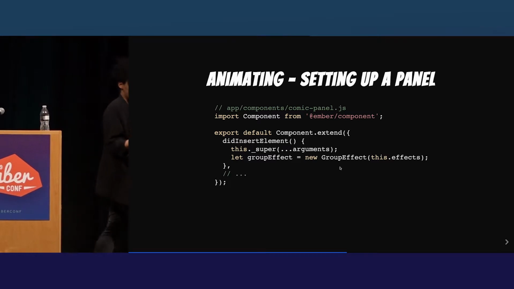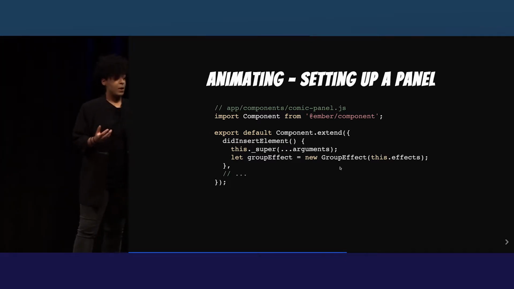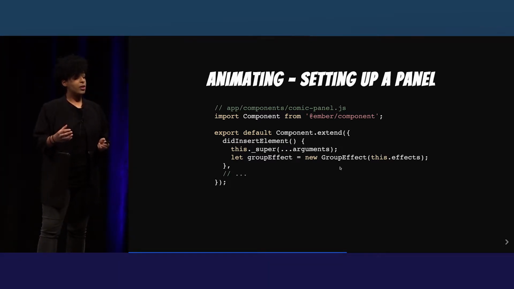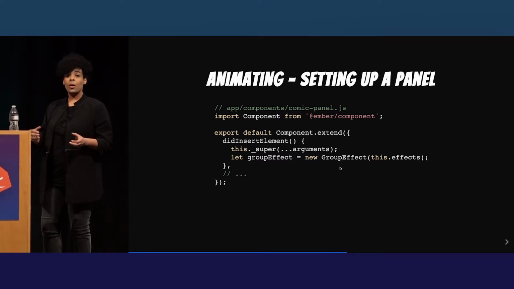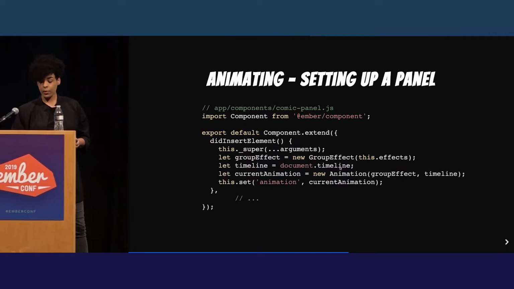Using the group effect functionality of the Web Animations API, I can make sure that all these keyframe effects are bundled into one single object that can later be played and paused synchronously.